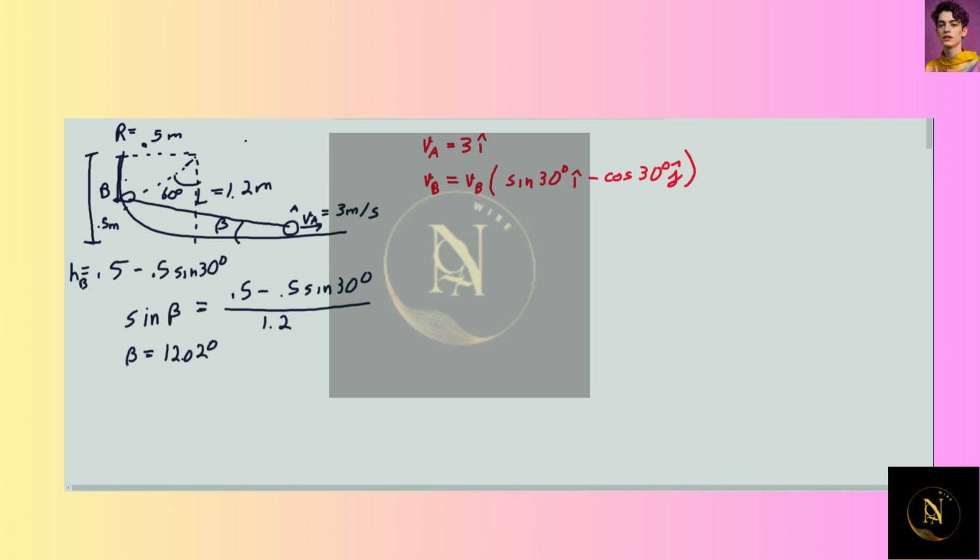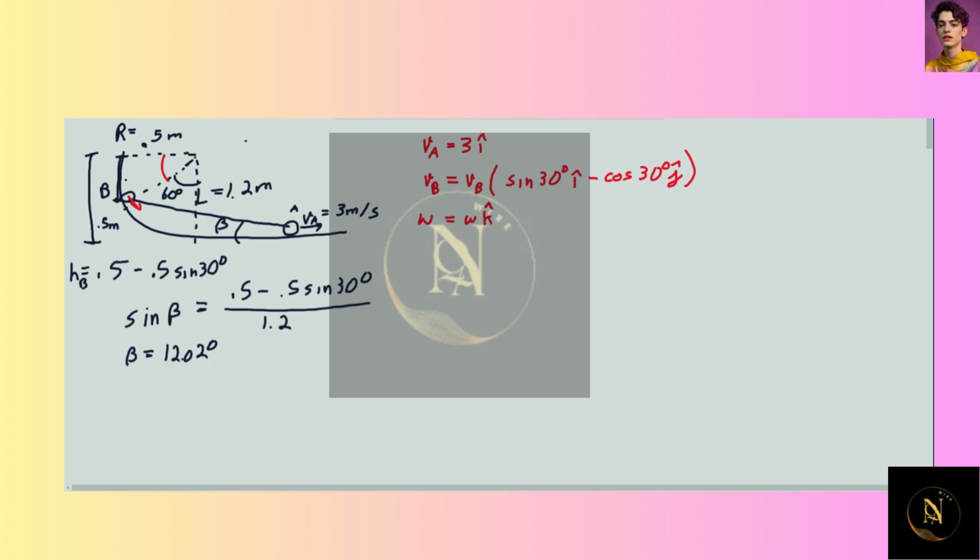This angle just comes from our current geometry here, that this top angle is 30 degrees, and that it has to be moving down the ramp. We can then write our omega, so this rotation, in the k-hat direction.